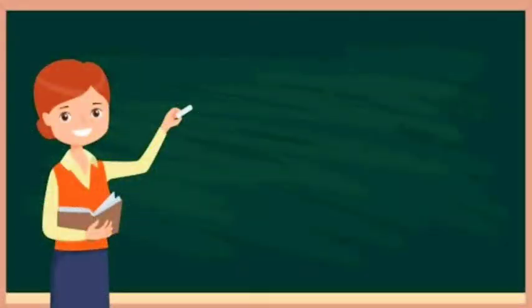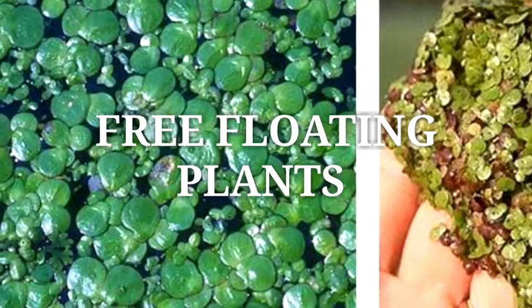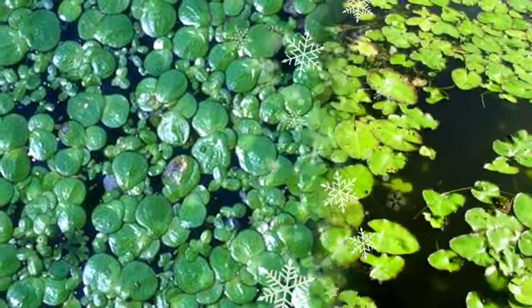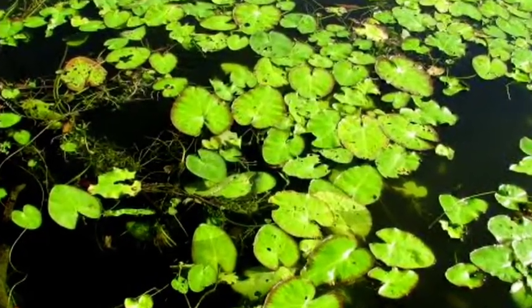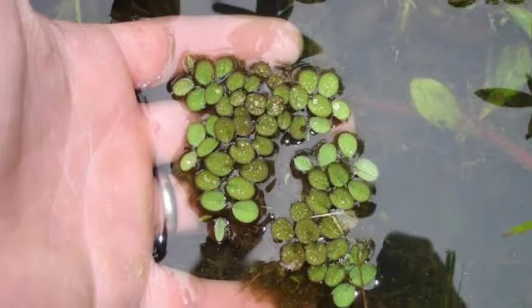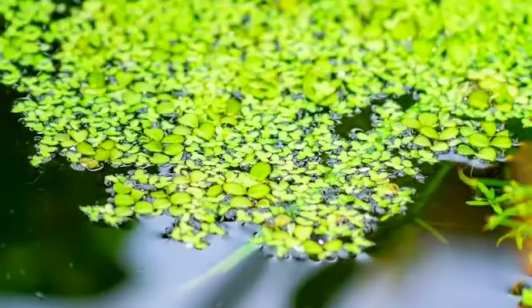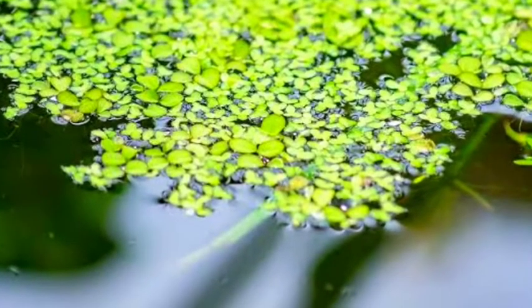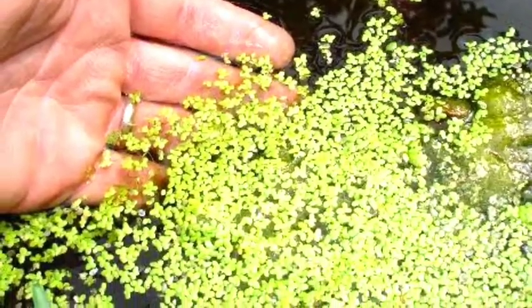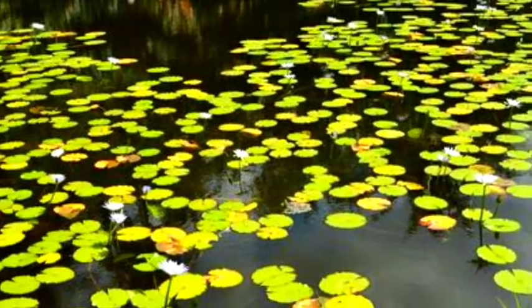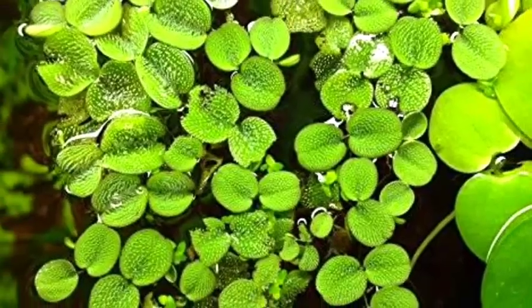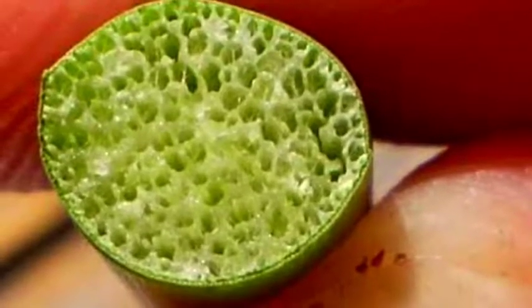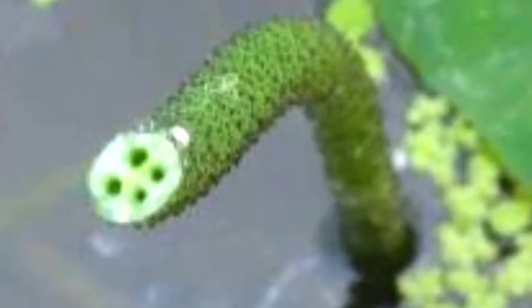First we are going to learn about free floating plants. These plants are like sponge. They are found on the surface of the water. They float freely on the water because they have air-filled cavities in leaves and stems.